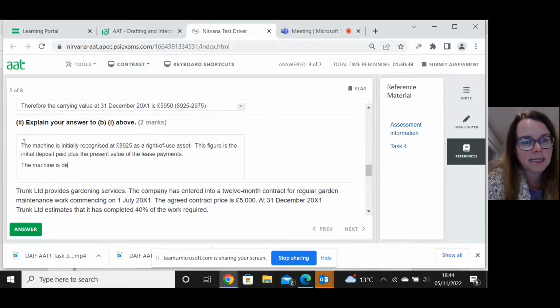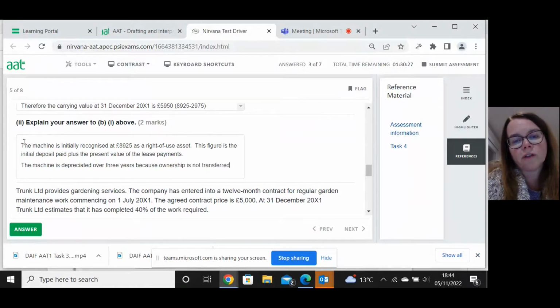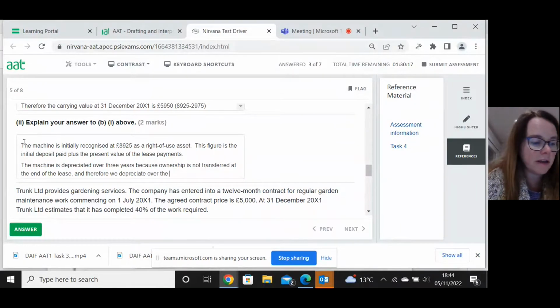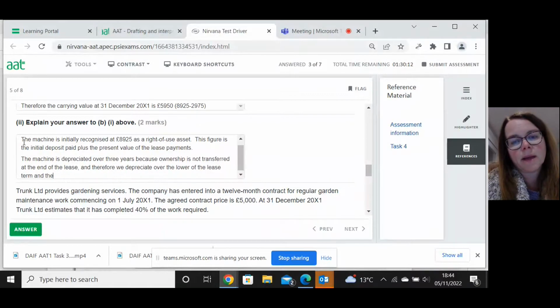The machine is depreciated over 3 years because ownership is not transferred at the end of the lease, and therefore we depreciate over the lower of the lease term and the life of the asset.